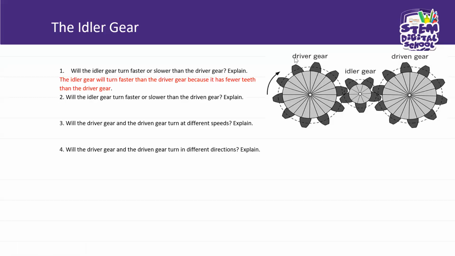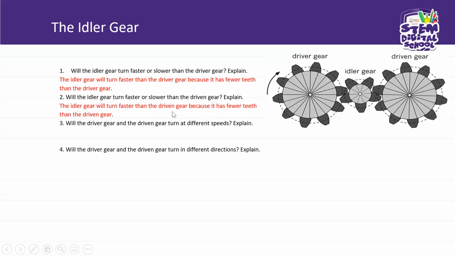Yes, Katlaho, we are recapping. It's a recap. Okay. Will the idler gear turn faster or slower than the driven gear? Explain. The idler and the driven gear. What's your take?